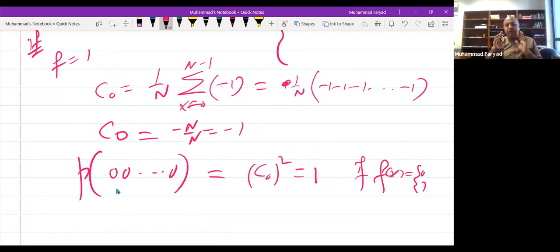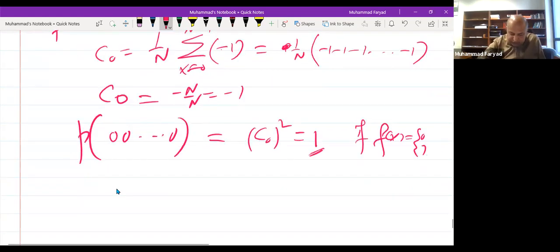So if I now measure my output and the output is 0, 0, 0, I can be dead sure that the black box has implemented a function f of x that was either 0 or 1. Because if the output is 0, it has a 100% probability of coming to 0 for this constant function.